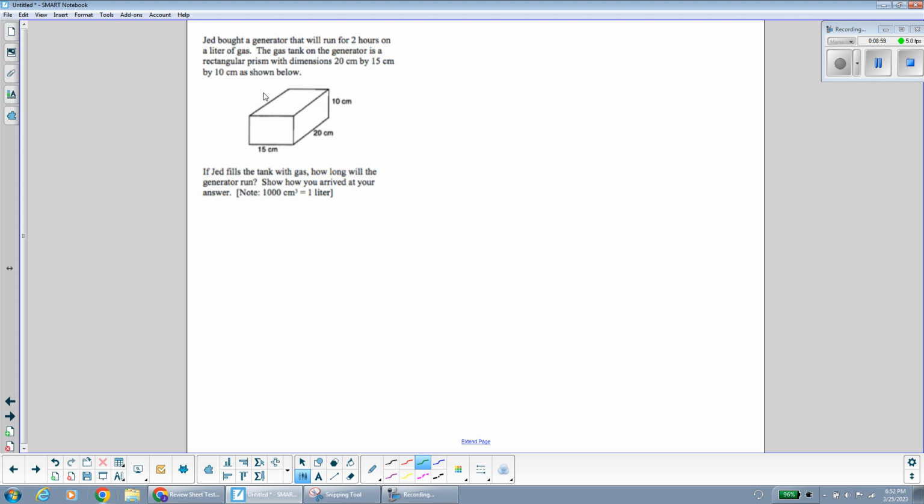So I'm taking a look at the question, and I do have my rectangular prism gas tank. So I'm going to go ahead and find the volume. The units here are all in centimeters, so my volume is going to be in cubic centimeters, and it is a rectangular prism. So I'm going to do area of the base times the height. Since the base is a rectangle, the area of the base will be length times width.